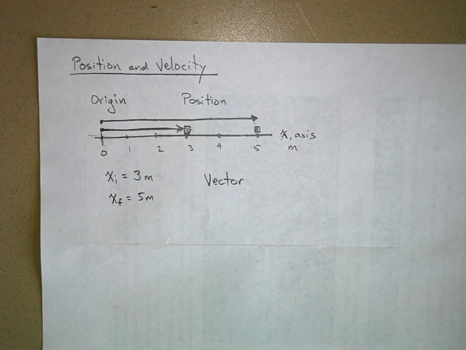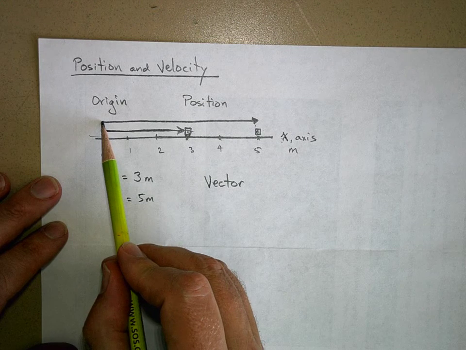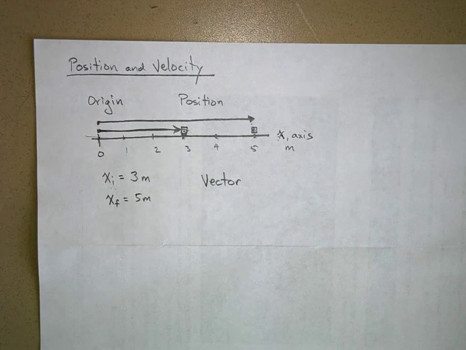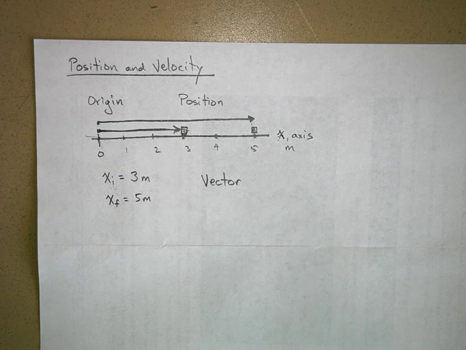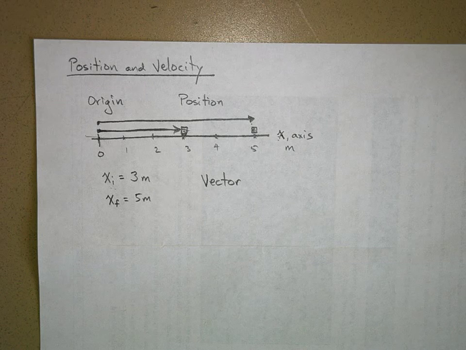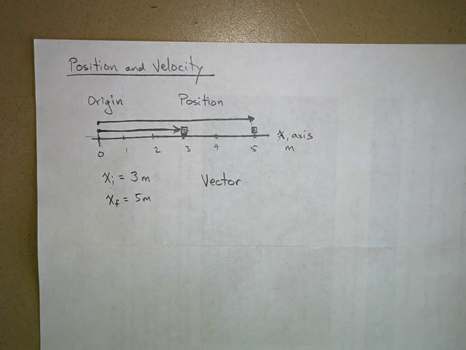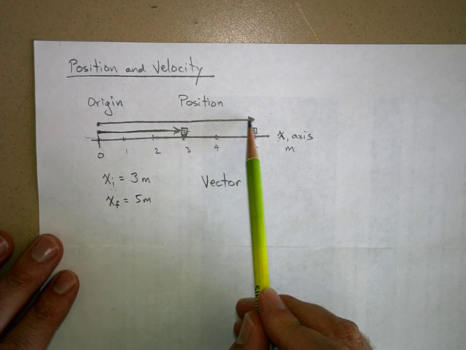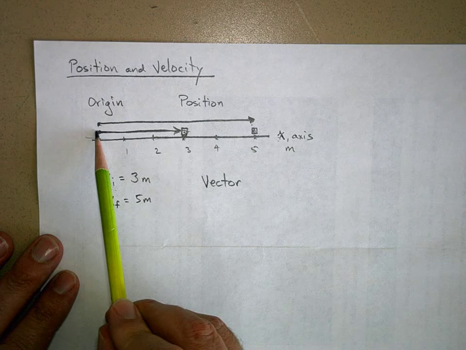When you're dealing with position vectors, the tail of the arrow is always on the origin. Position, by definition, is measured from the origin to the location in space where your object is located. So from here out to there, from here to here.